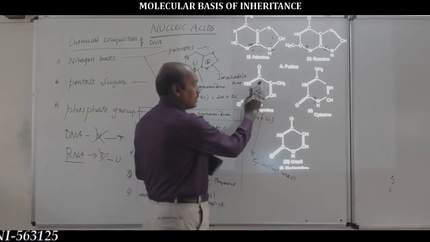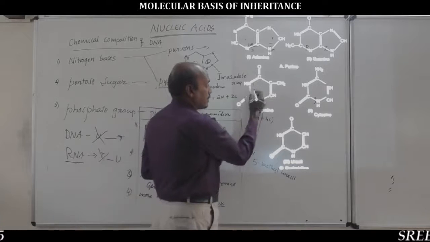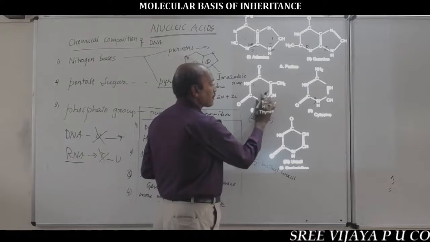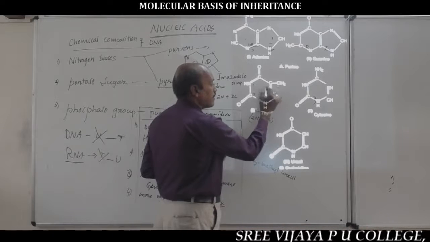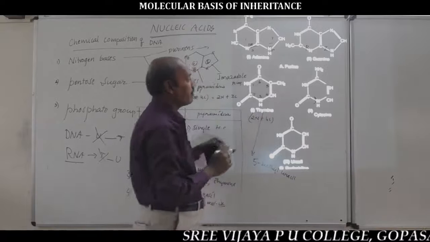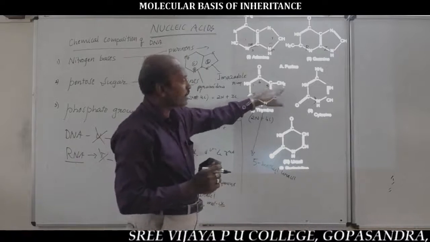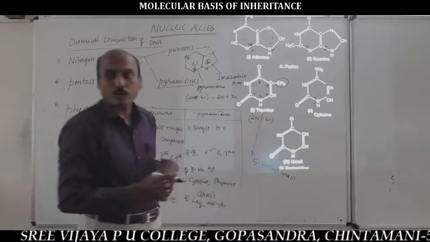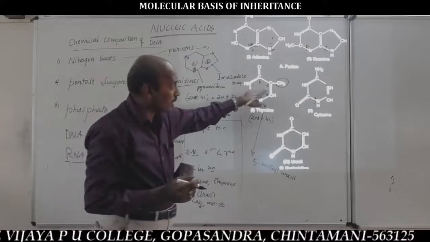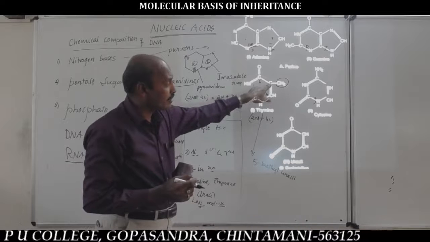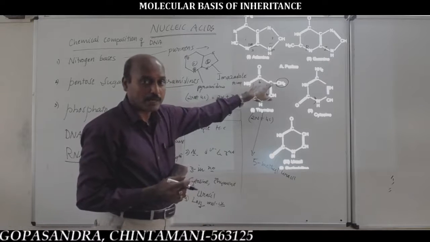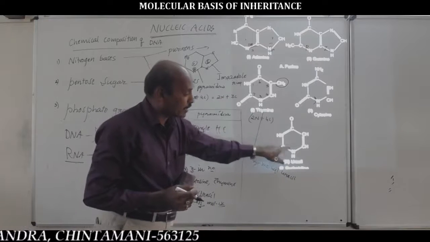This is because in thymine, the fifth carbon atom is joined to a methyl group. One CH3 group is present at the 5th position of carbon atom, and the remaining structure is similar to uracil.